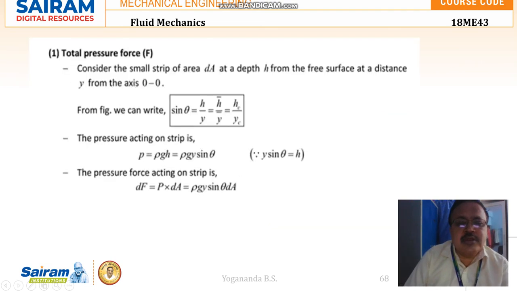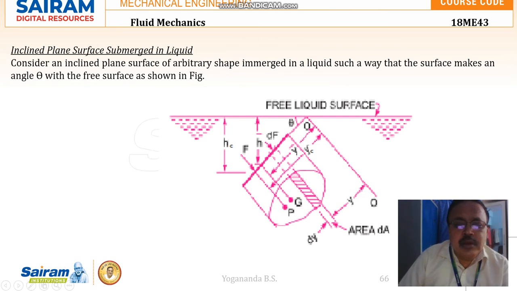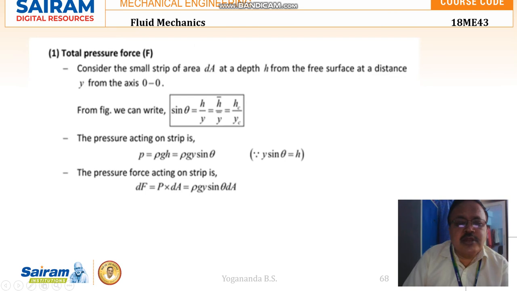So sin theta is equal to h bar by y bar. Similarly, considering the next bigger right angle triangle, the opposite side is hc and the hypotenuse is yc. So sin theta is equal to hc by yc.